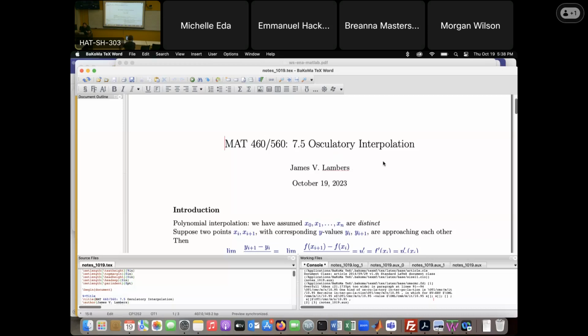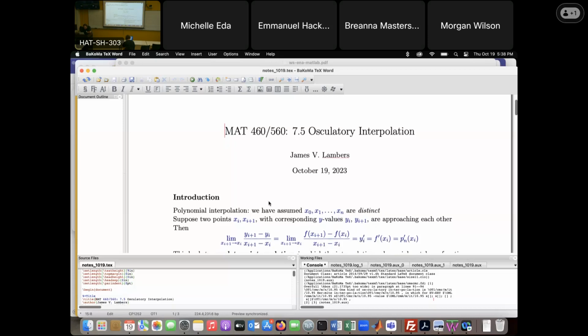All chapter long, we've assumed that the x values for our interpolating polynomial are distinct. Now we're going to drop that assumption, where it would be possible to list an x value more than once among the interpolation points, which seems kind of strange, but there's actually a compelling reason to allow that.